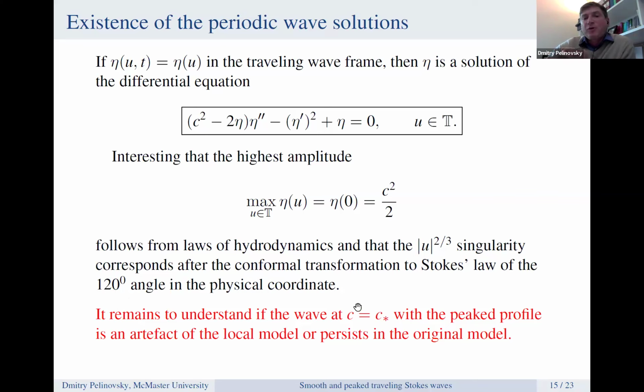And the border point, it's not clear what it is sent to by conformal transformation. What is the border point which separates the family of smooth waves from the family of singular waves? Maybe it's an artifact of the toy model, but maybe it exists and one needs just to study more attentively the Euler equations in this Babenko formulation.